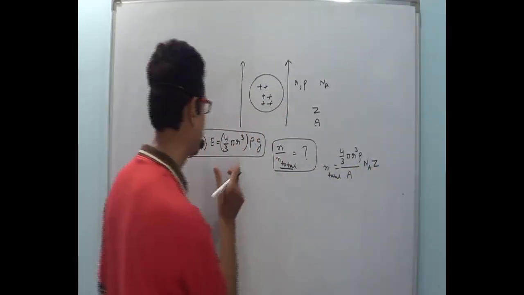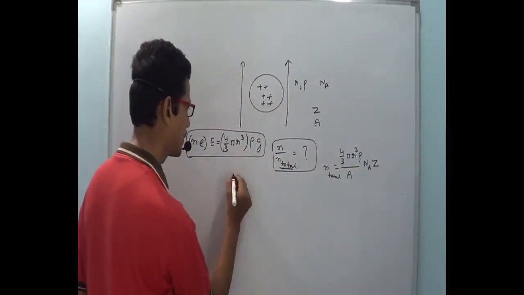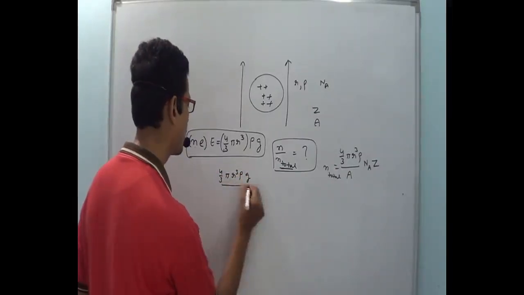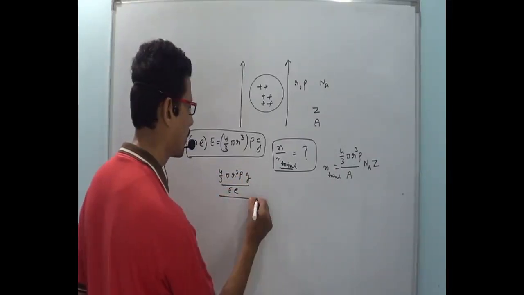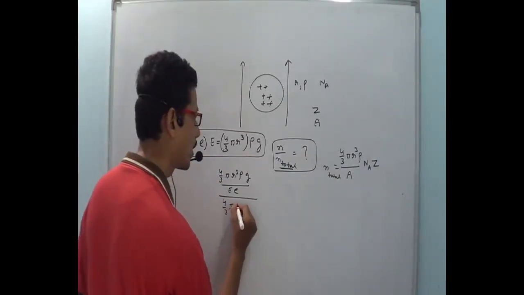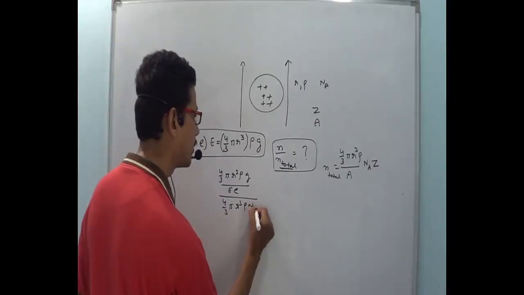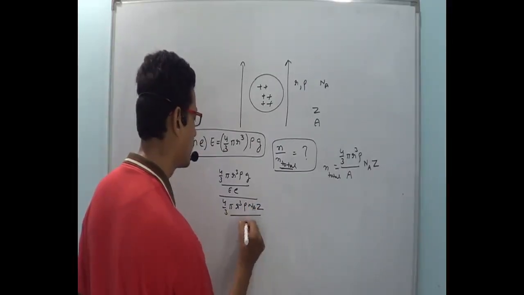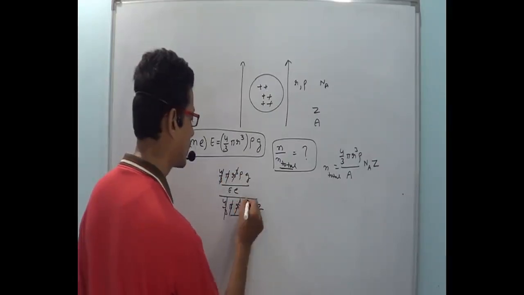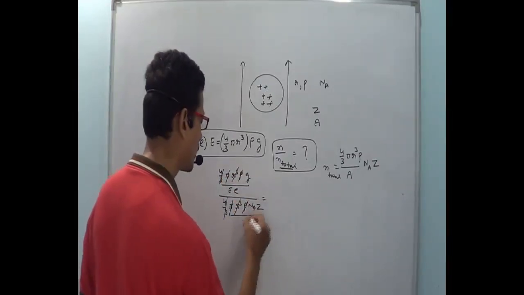We divide this and this, and here n is 4 by 3 pi r cube rho g divided by E, into E divided by n total. I am substituting here: 4 by 3 pi r cube rho into Na into Z divided by A. So 4 by 3 pi r cube got cancelled, rho got cancelled. Okay, now what is the answer?